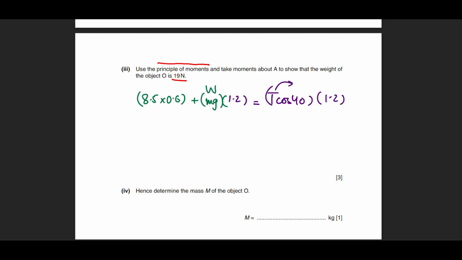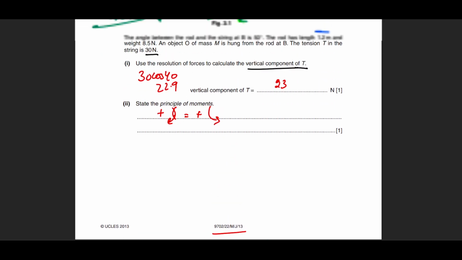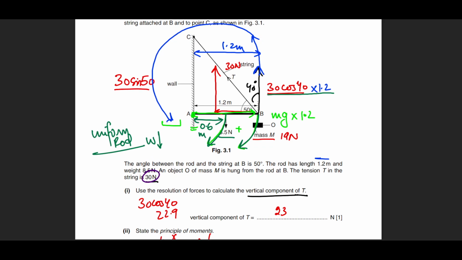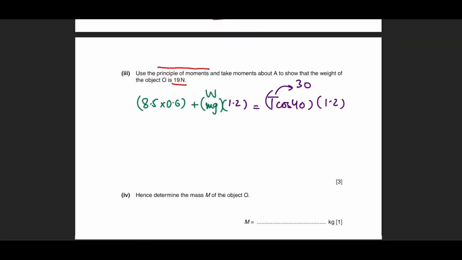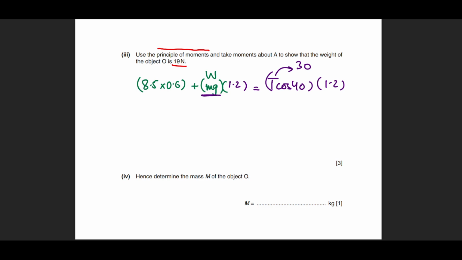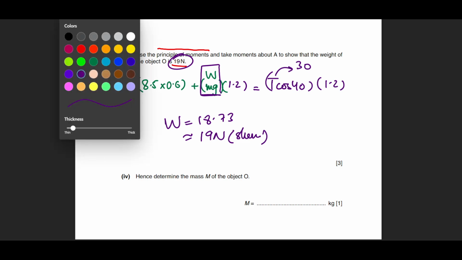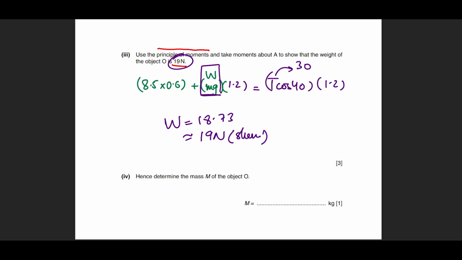Now notice that this T is actually 30, which is given in the question. So over here we find that the weight W is 18.73, which is rounded up to 19 newtons, and hence we have shown what the examiner wants us to show. We have shown that.